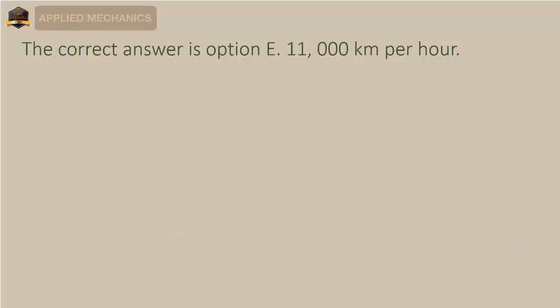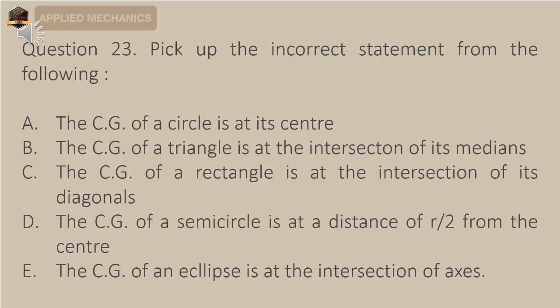Question 23. Pick up the incorrect statement from the following. A. The CG of a circle is at its center. B. The CG of a triangle is at the intersection of its medians. C. The CG of a rectangle is at the intersection of its diagonals.